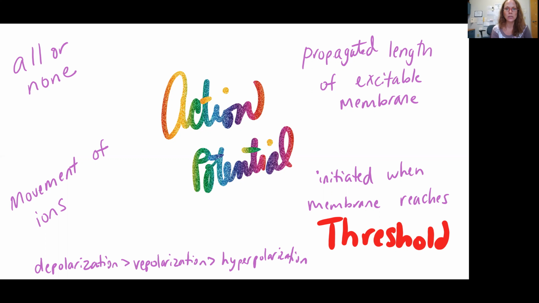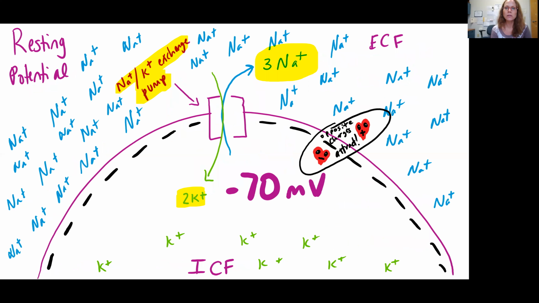We've already mentioned that it's a series of depolarization, becoming more positive, repolarization back to resting, but dipping below that, hyperpolarizing, making the cell even more negative than resting. So this is where we kind of left off, looking at resting membrane potential.